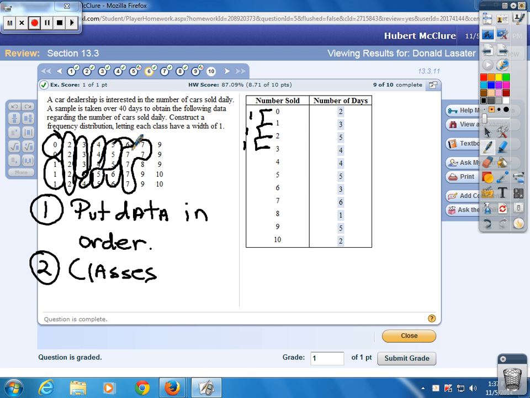How many 7s? 6. 1 8. 5 9s. And how many 10s? 2. And that's how you do a frequency distribution with a class width of 1. When your class width is 1, you're not going to have a dash and then a number. With a class width of 1, you're just going to have digits.